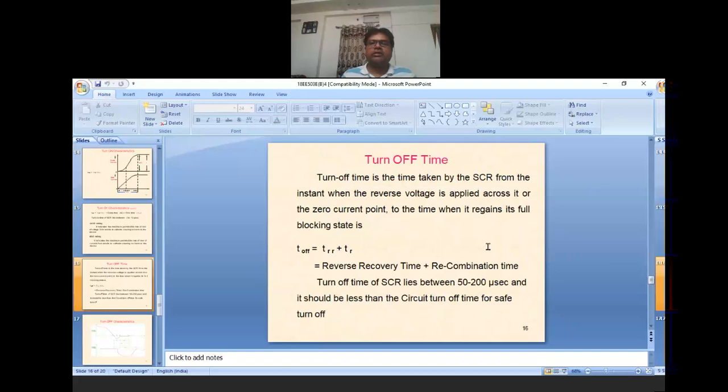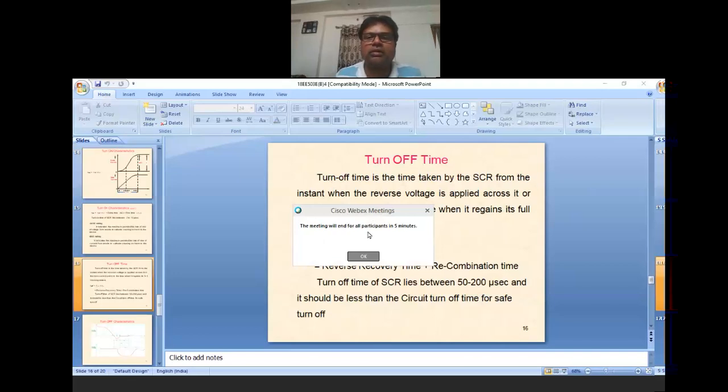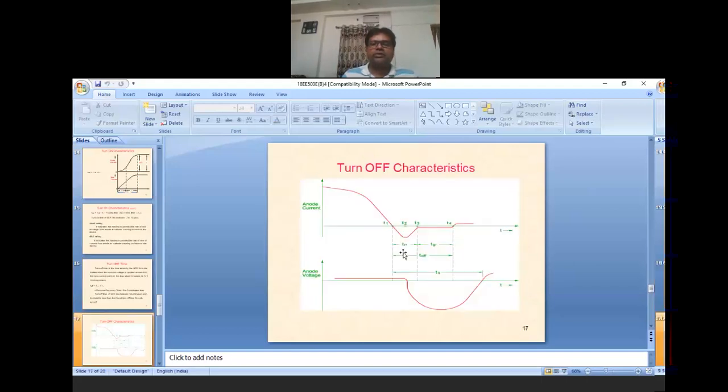Apart from that, we will be discussing turn off time also. Turn off time will be TRR plus TGR, which is shown over here in this case. This is the anode current which is falling and it is becoming zero when the voltage also becomes zero for a resistive load.